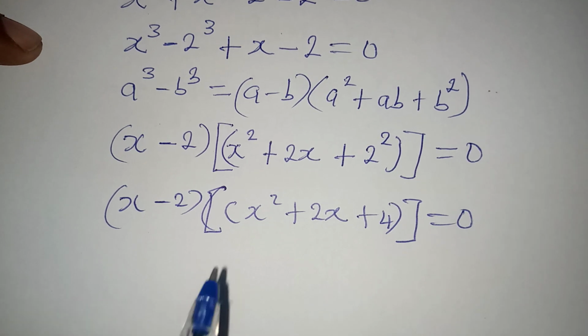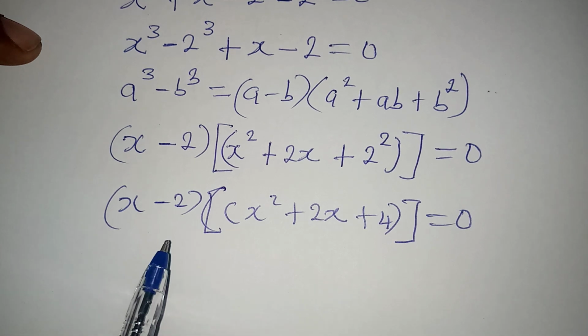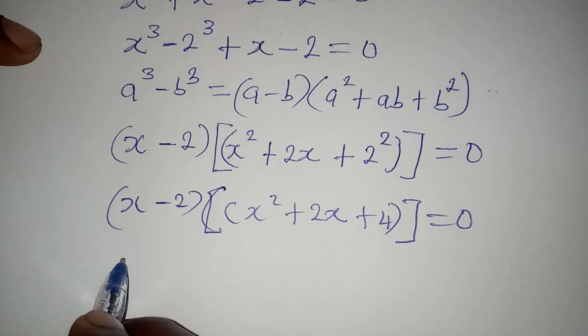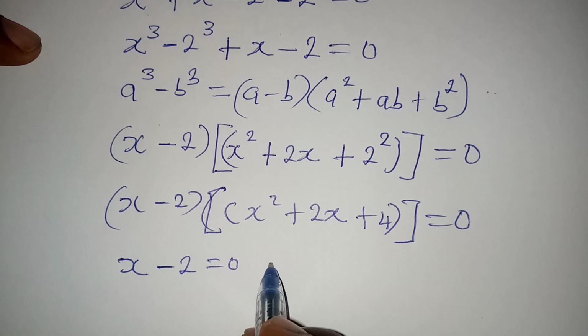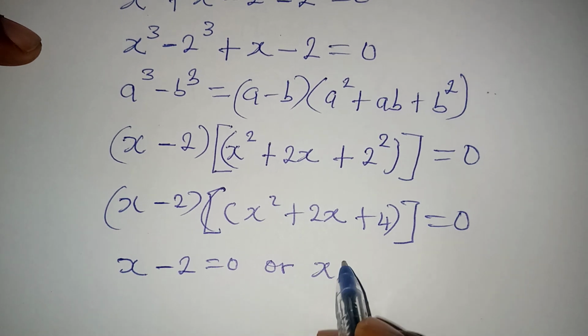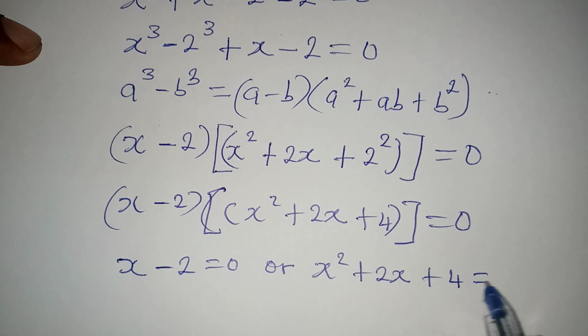And that says if you have two things in brackets, either one of them is equal to 0 or both of them equal 0. So from there, we have that x minus 2 is equal to 0, or x squared plus 2x plus 4 is equal to 0.